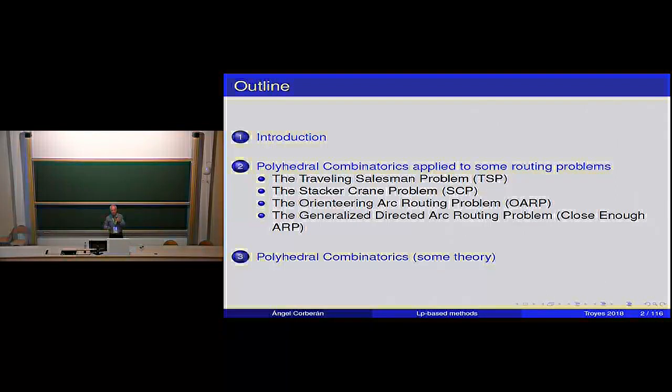If you want to know more, you can ask me, or you can consult the slides or the papers they are based on. It's just the flavor of the thing, to show you that these methods, as well as other methods, have been successful in solving combinatorial optimization problems.